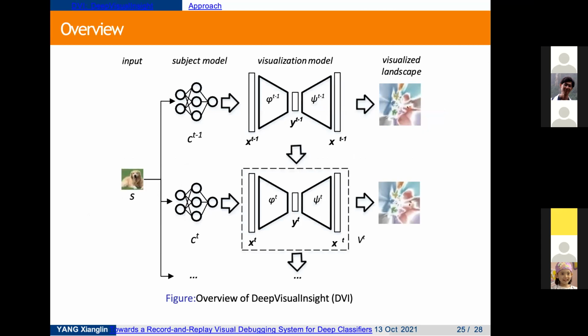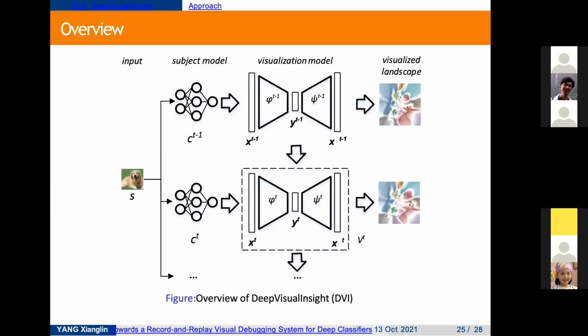The overall flow of our research work is that first, we save some subject models from different time steps as a recording. And then for each subject model, we train a visualization model or autoencoder that satisfies the 4 properties, and then use that to generate some visualized results.